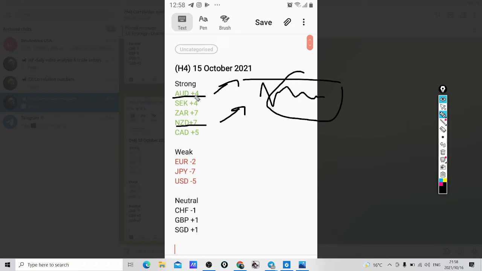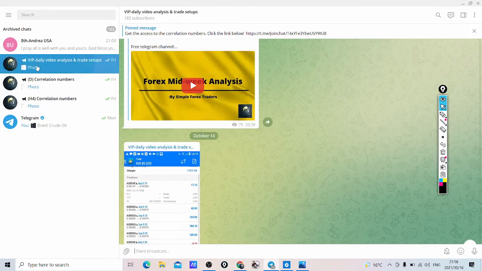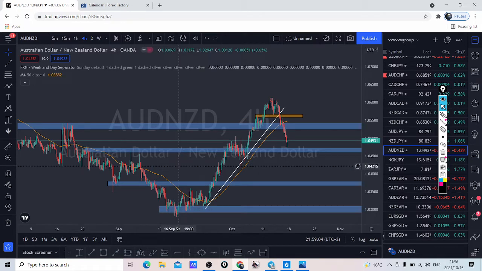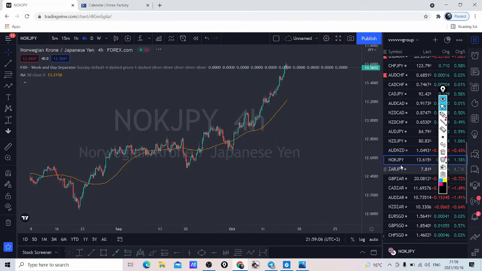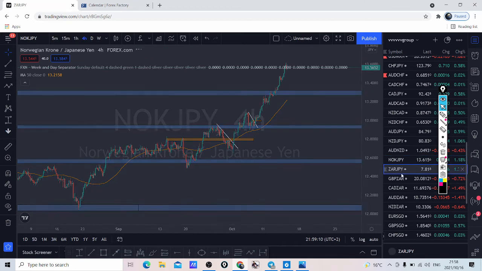But if we see maybe the NZD coming to the neutral group, while this one still holds the buys, then we are going to see a sell. Okay, but I'll give you the update on this group here. Once I see something interesting, I always give a signal. So let's just wait. Here NOK JPY, nothing interesting.